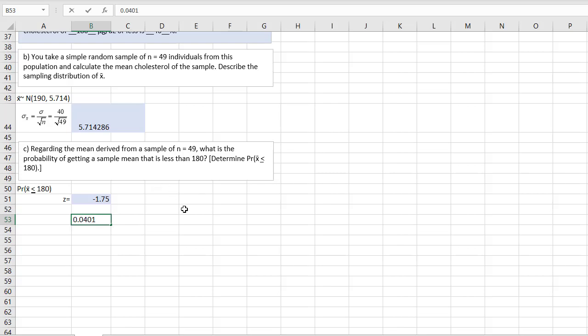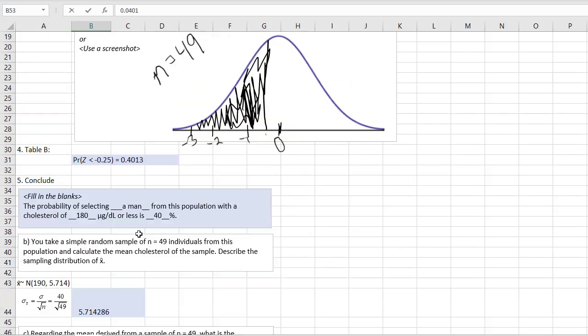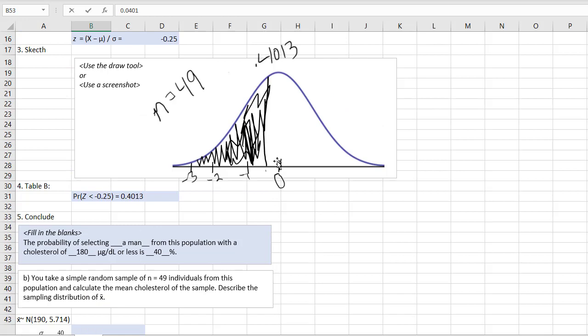So if we were to look that up in the back of the book, negative 1.75 is going to be 0.0401. So we're basically saying, if we were to go back up here and look at a negative 1.75, it's going to be right here. We are asking, what is the probability of getting another standard normal distribution at this level that is completely to the left of this 180?